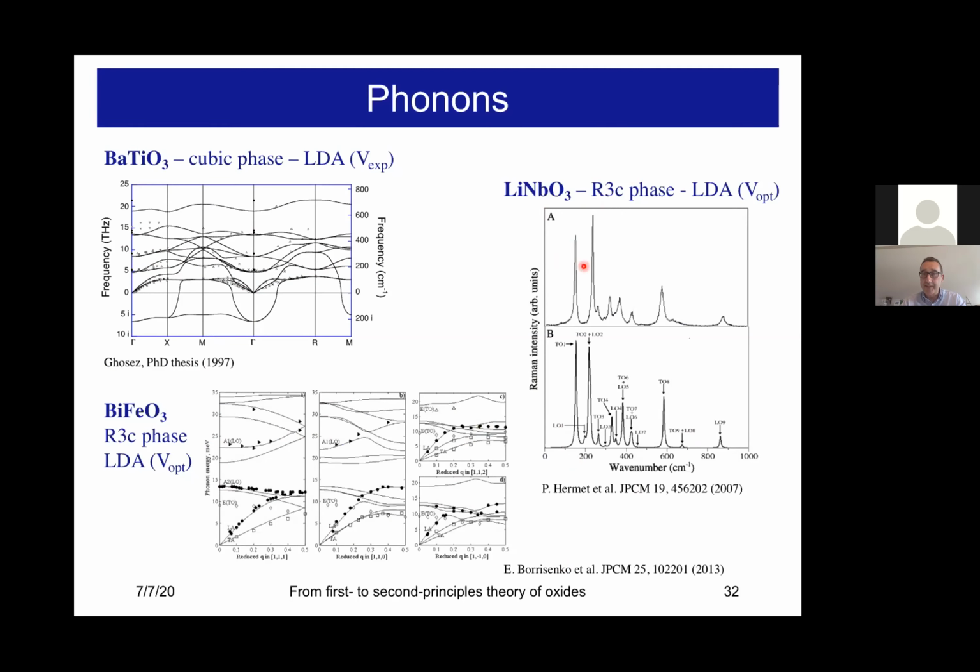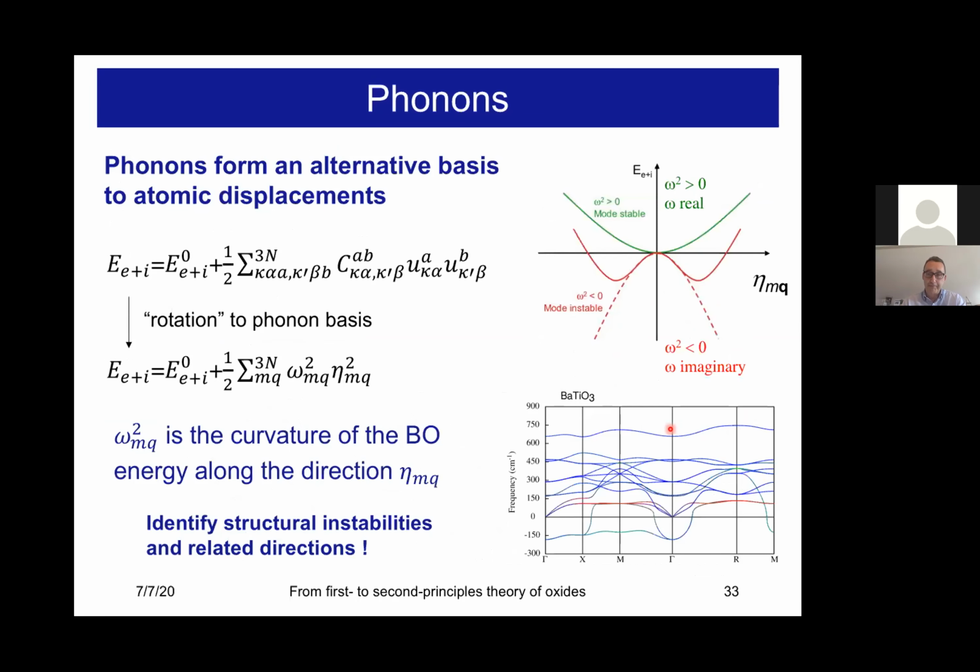You see, this is the experimental spectrum. This is the computed spectrum. And you see that there is a very good correspondence. It's not always perfect, but you can really assign the experimental peaks from the calculation. So typically, we are doing a good job in DFT for the structural properties.